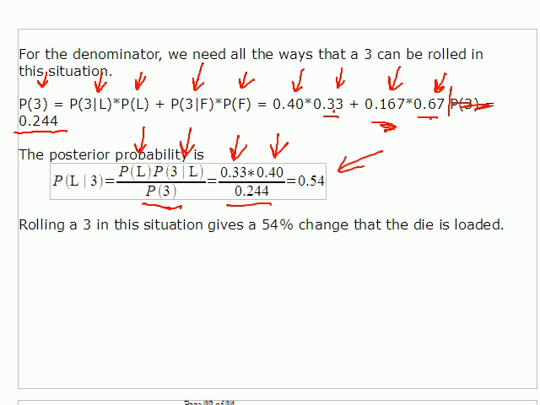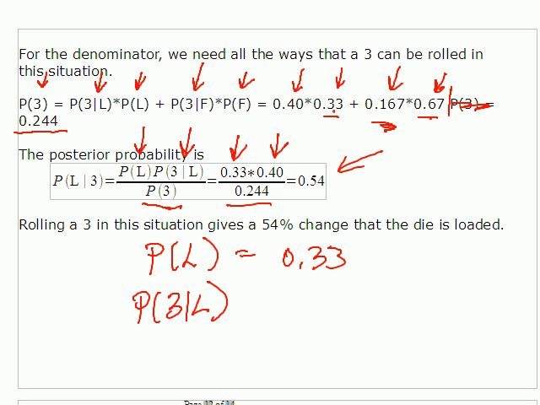0.54. So look at this. If I don't know anything about these, I just know those dice are lying there, and one's loaded and 2 aren't, so the probability that one is loaded is 0.33. Now you pick up one of them and you roll, and it turns up to be a 3.